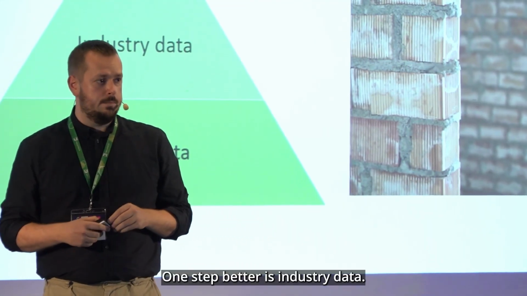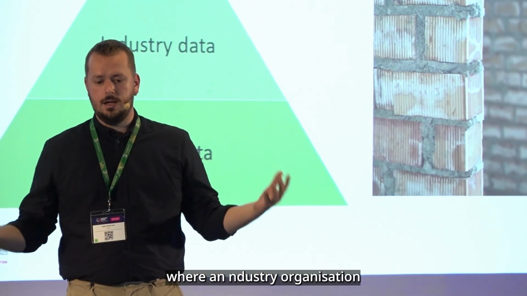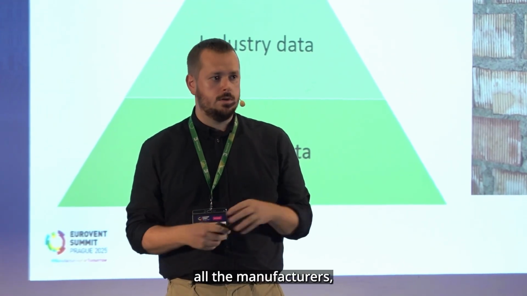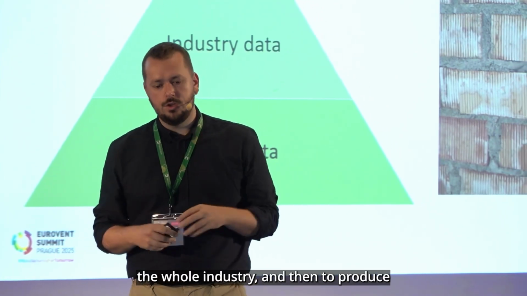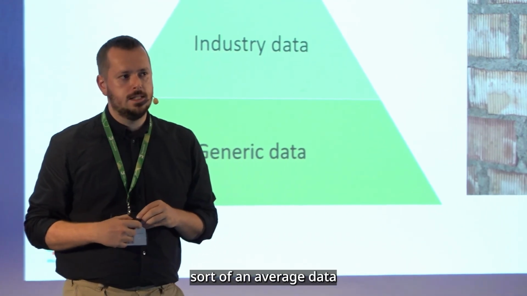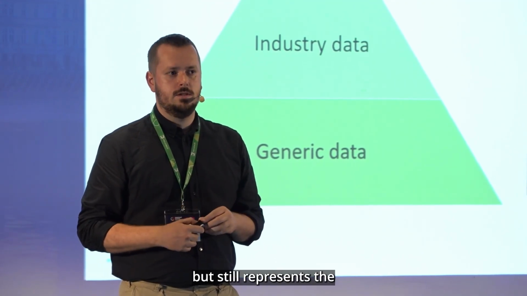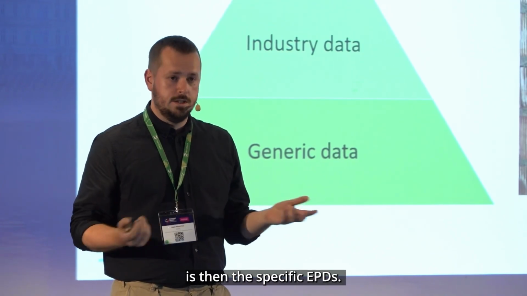One step better is industry data. So this could be industry EPDs, where an industry organization goes together, maps out all the manufacturers, the whole industry, and then produces sort of an average data set that is a stage better than generic, but still represents the country that you are in. And then the tip of the pyramid is then the specific EPDs.